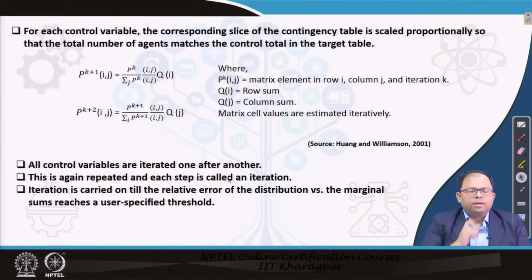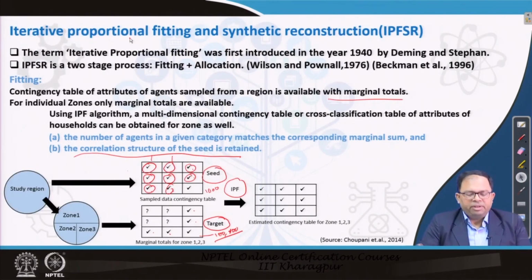In the IPF algorithm, for each control variable, the corresponding slice of the contingency table is scaled proportionately, so the total number of agents matches the control total in the target table. There are a few things we need to be careful about. For each control variable in a contingency table, like in the previous one, this is one control value, this is another control value; these are the row values and these are the column values of the control.